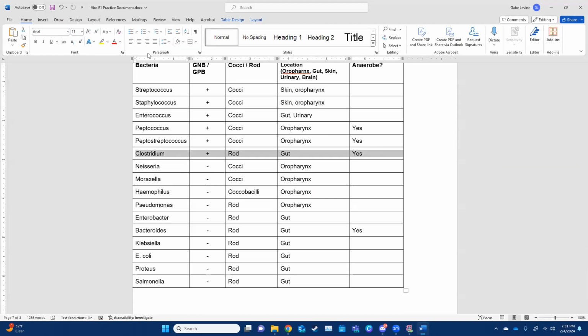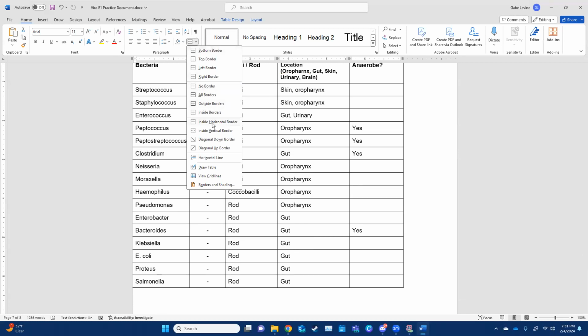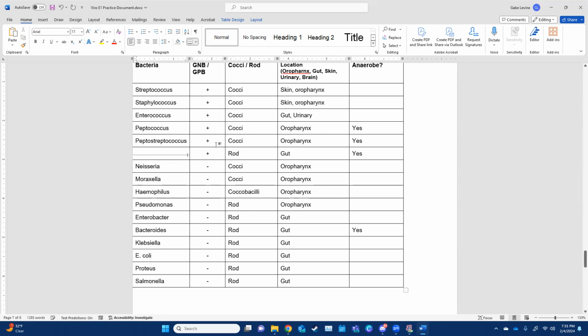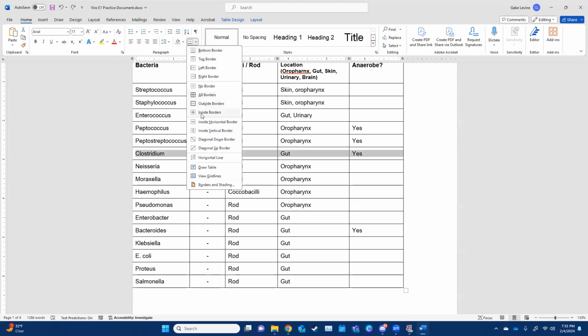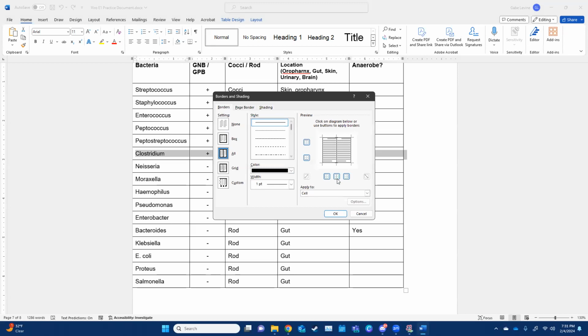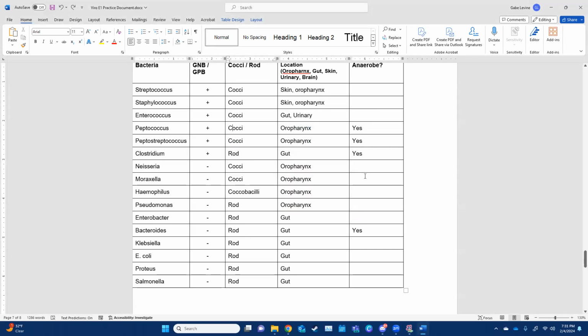Does this kind of help organize the bacteria?